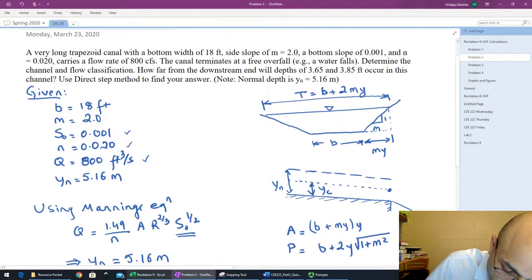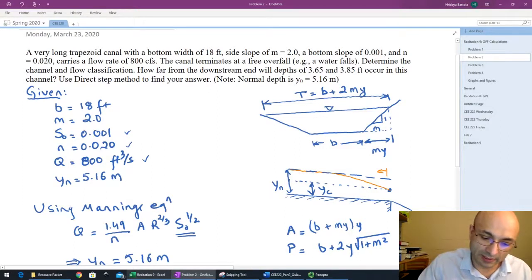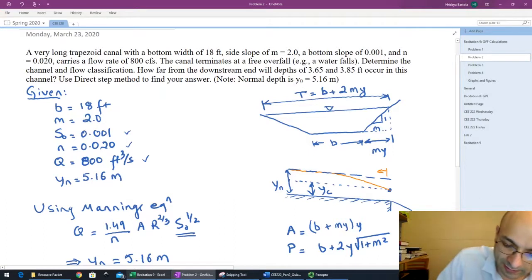Let me start from the critical depth point at the brink and work our way upstream. It will approach the normal depth at a very small angle and stay at the normal depth once it gets to that height.